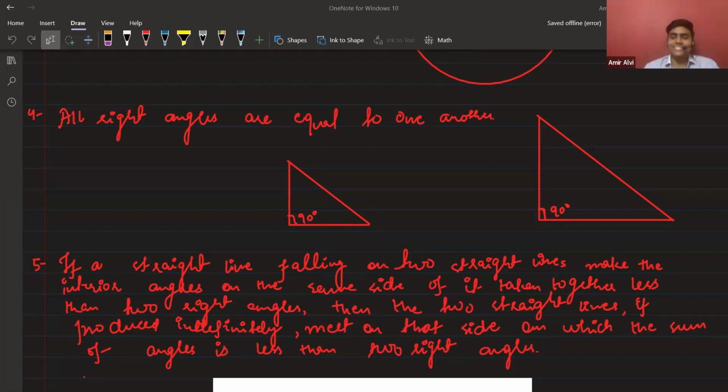In this class, we will be doing some numericals, very few numericals for the axioms and postulates. After that, we'll be starting coordinate geometry. After the linear equation, we will be done with the algebra.